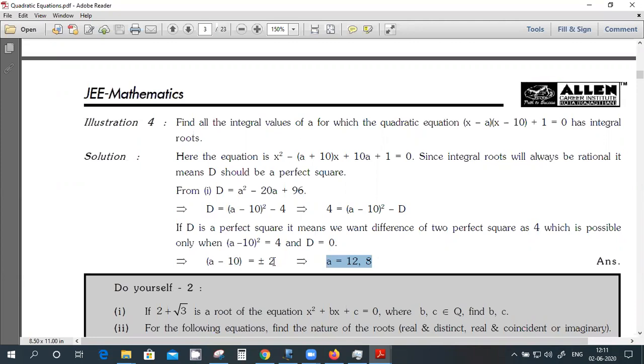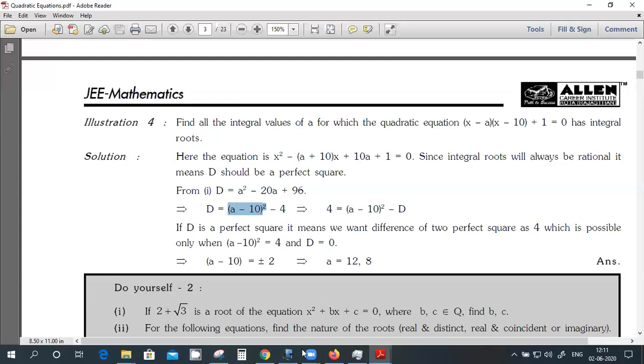So you have to convince yourself that for D to be a perfect square, this thing can be either 1, 4, 9, 16, 25, 49, like that. Only for this thing being 4, this D will be a perfect square. Otherwise, any perfect square you take and subtract by 4, you will not get a perfect square, because 3, 4, 5 is a right angle triangle.